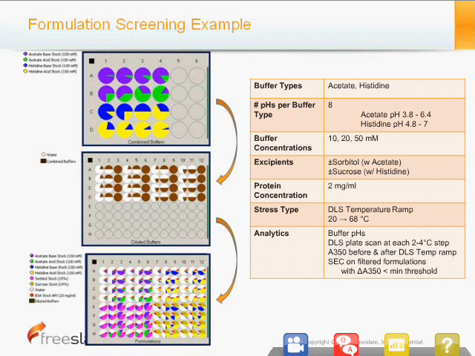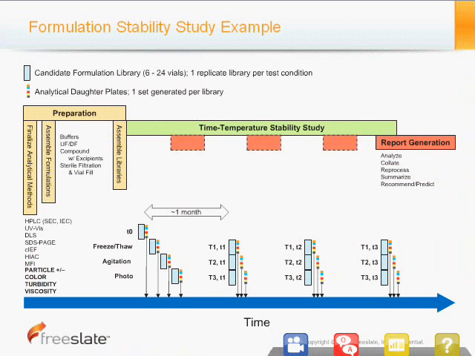Once you've done maybe a series of these formulation screens and your process development has worked towards creating more material, you can go to the next slide. The next type of workflow that you can do on our system is a formulation stability or robustness study type of workflow.